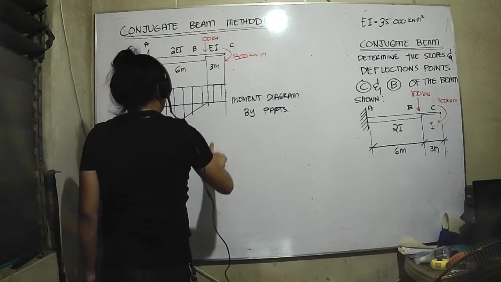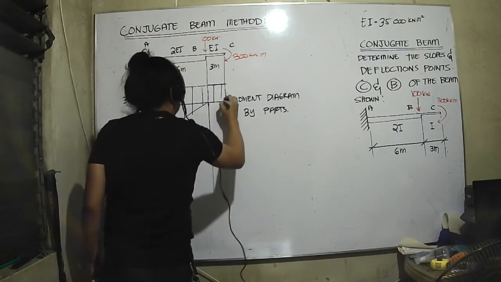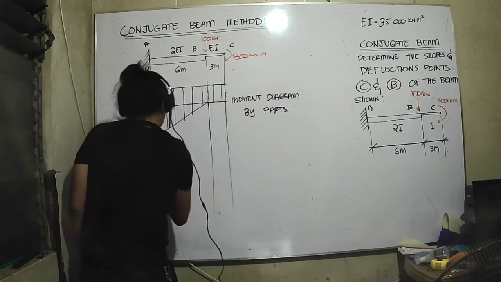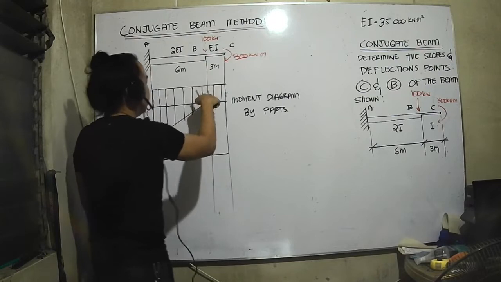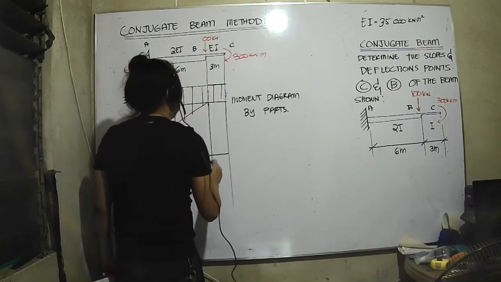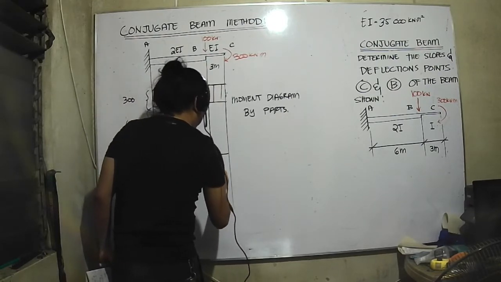Now, I would like to draw the M over EI diagram.